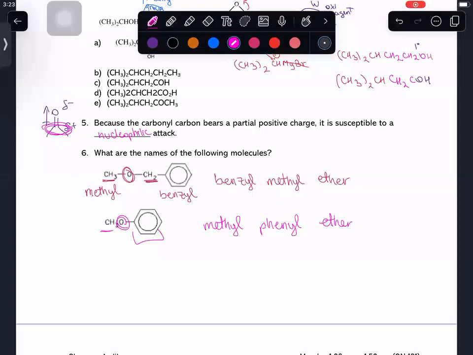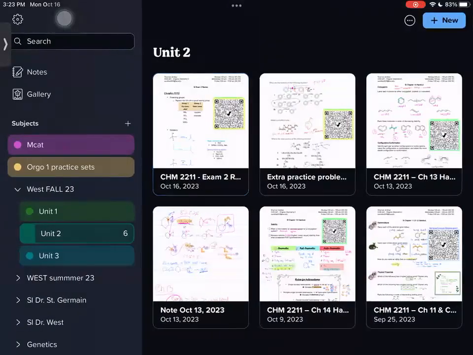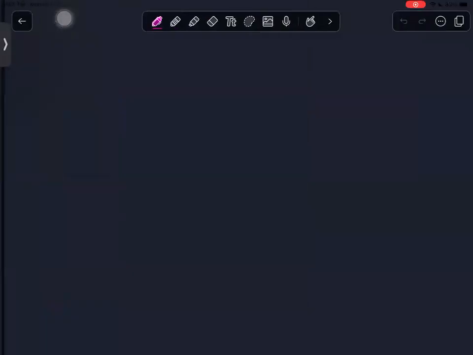Whenever you see a carbon chain that's branching off, that's going to be when you use oxy. Do we remember that? Let's go back to the handout.